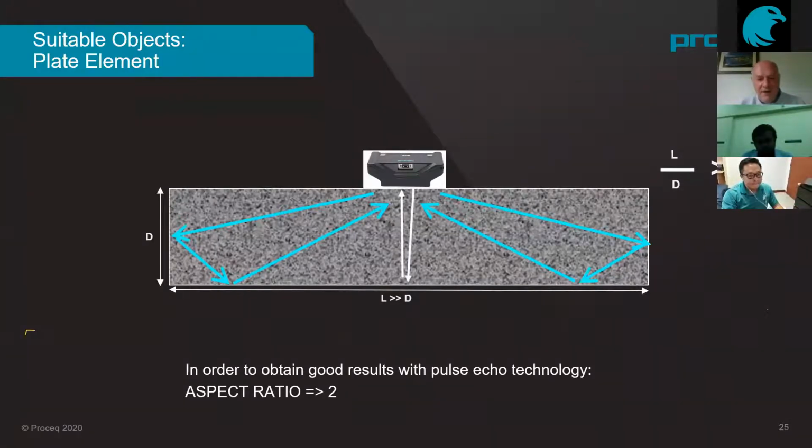And if this aspect ratio, they call it, if it's a slab, then reflections from the side wall arrive much, much later and much weaker than a back wall echo. But you can imagine if I measure from the side here, then the reflections from the side walls basically blank out everything back wall echoes. So ideally, it's used for testing on slabs, and not like from the top of a column, for example.